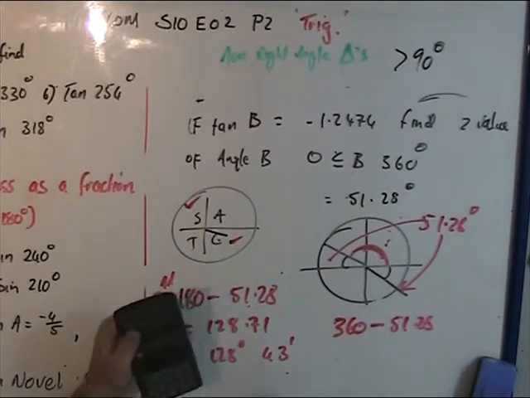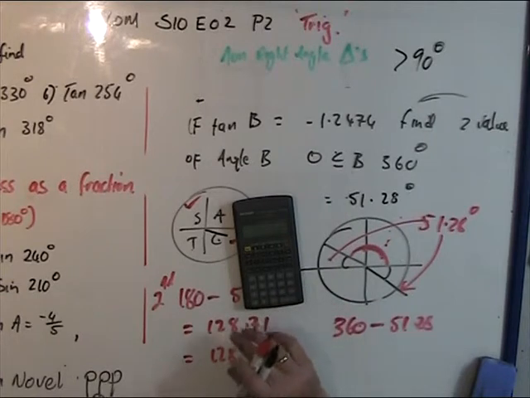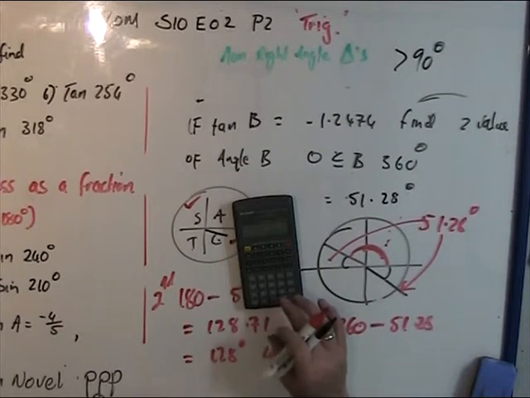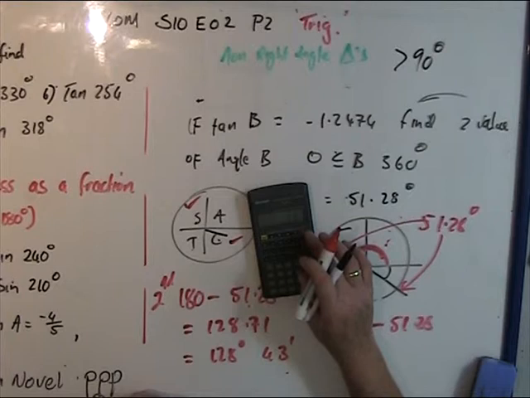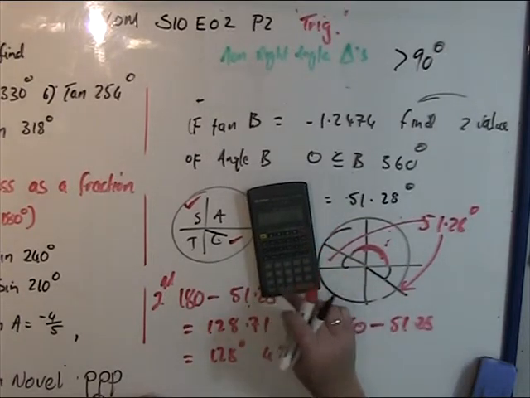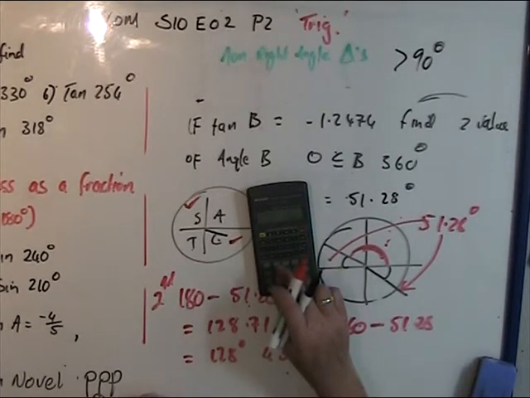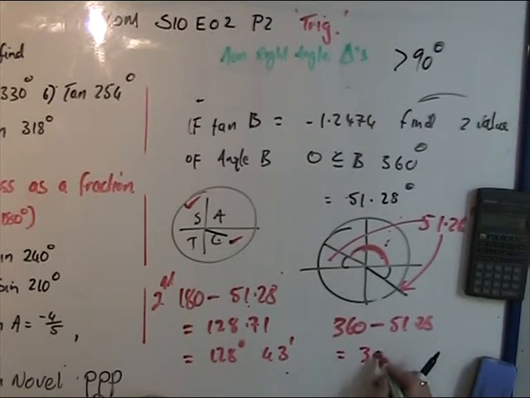So I go to my calculator again: 360 minus 51.28 equals 308.72 degrees. Now changing that, you multiply that 0.72 by 60 to change into minutes.